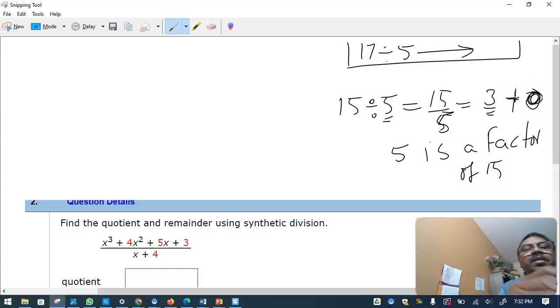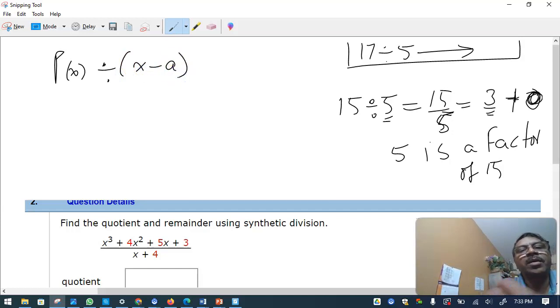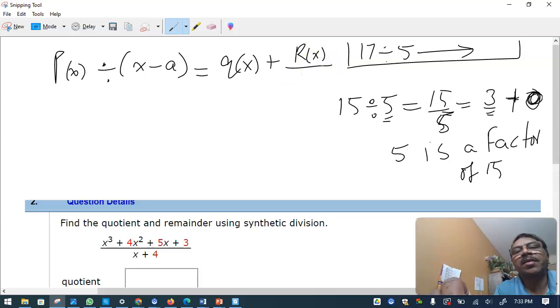Likewise, if there is a polynomial p of x divided by some binomial x minus a, you get a quotient plus the remainder divided by the divisor, that is x minus a in this case.